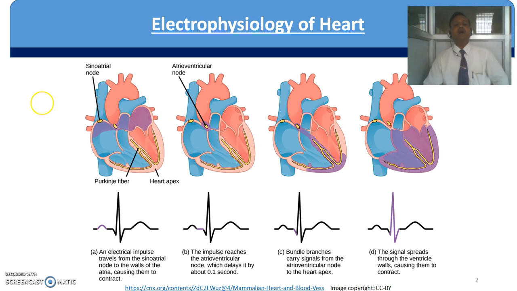When the heart cell gets depolarized, its action potential, the electrical potential difference across the cell membrane, is up to 20 millivolts, which is positively charged. This happens because along this process of repolarization and depolarization, there is exchange of different types of ions across the cell membrane, ions like calcium, potassium and sodium. Dependent upon the exchange of these ions, the action potential across the cardiac cell membrane differs.